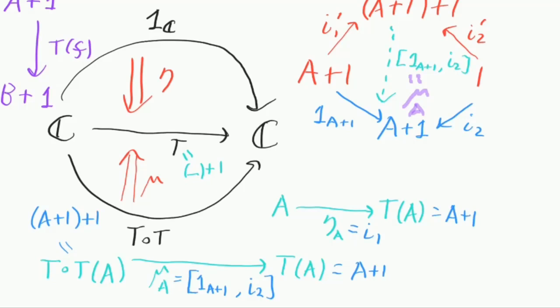Basically, we can see that if we have something from A plus 1, we can just do the identity arrow on it to get something in A plus 1. And if we have something in 1, we can just do the second injection to get something in A plus 1. And if we co-pair those two things together, then we get something from A plus 1 plus 1 to A plus 1. Now, it's easy to think about what this means when we're working in Set.